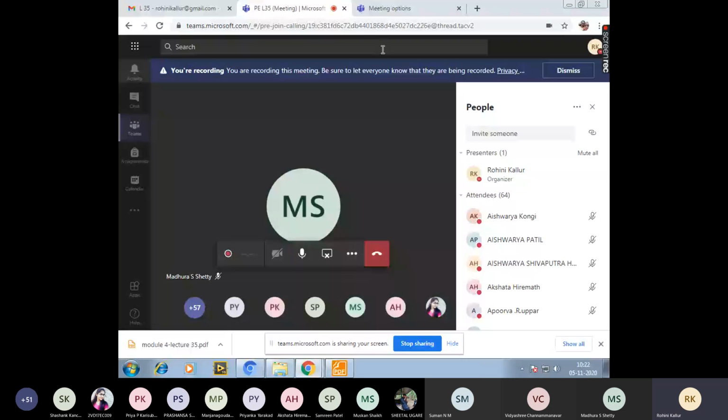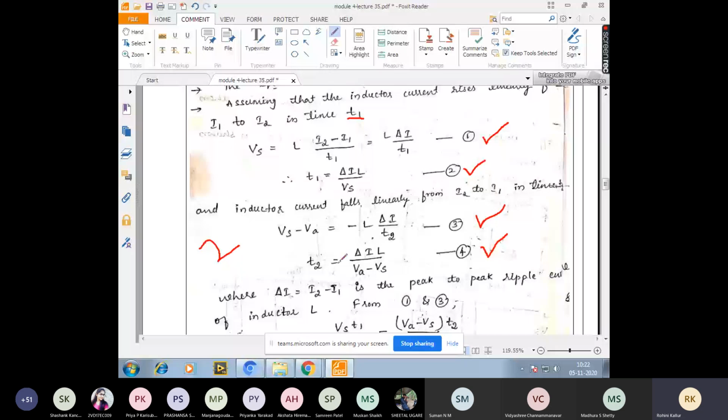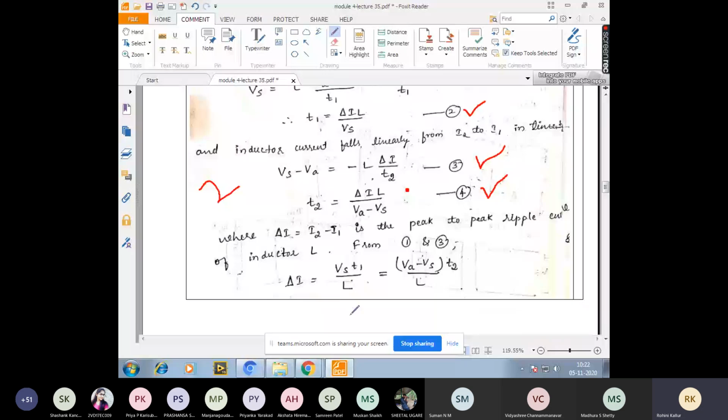Okay. So delta I, which is the peak to peak ripple current, can be written as delta I equal to I2 minus I1.